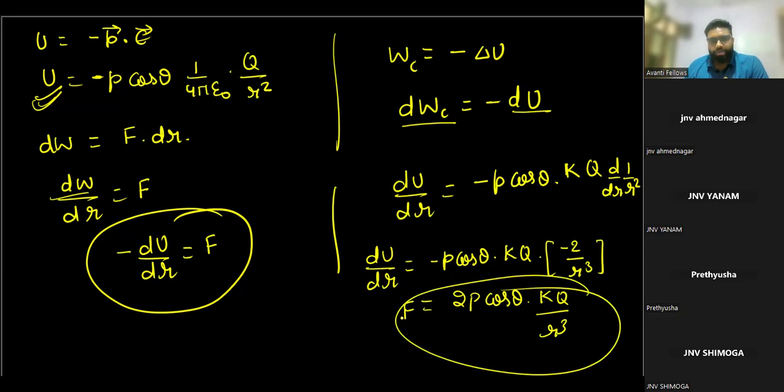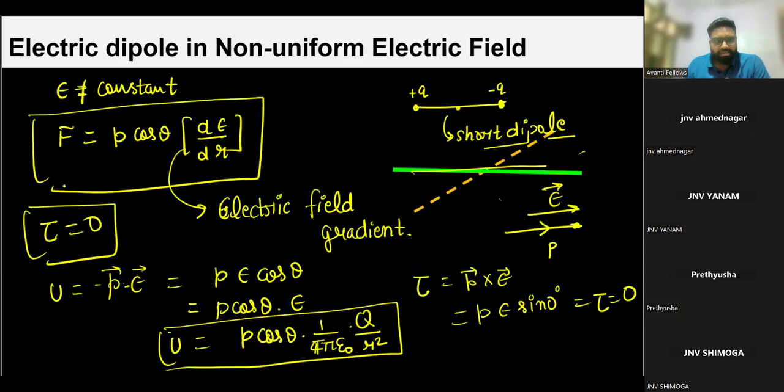So in general, what you can learn here is that force is equal to P cos theta times the derivative of the electric field, the energy gradient.